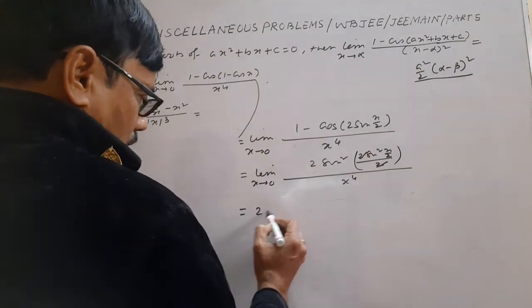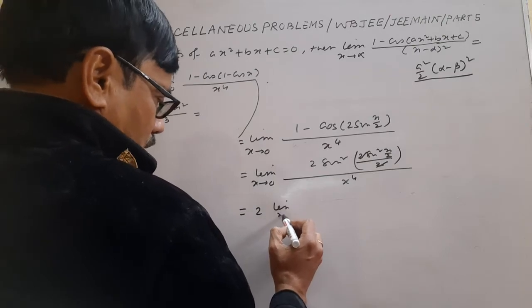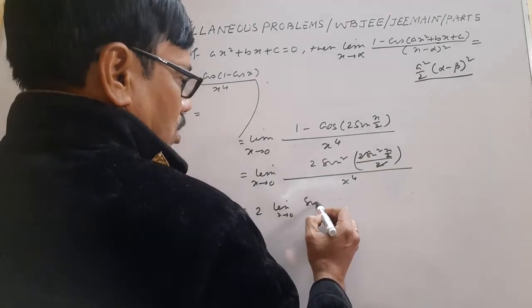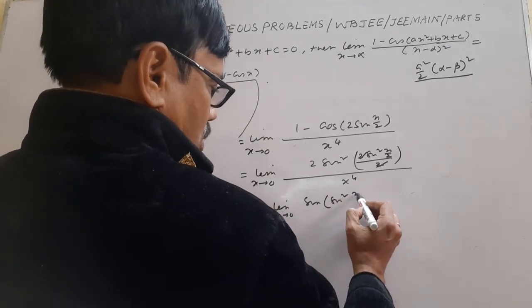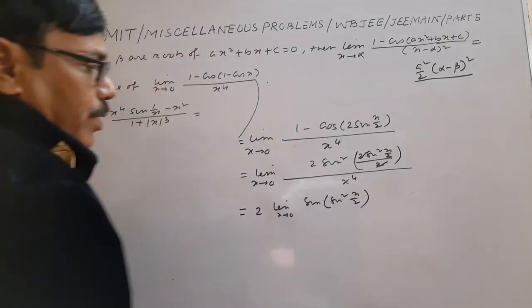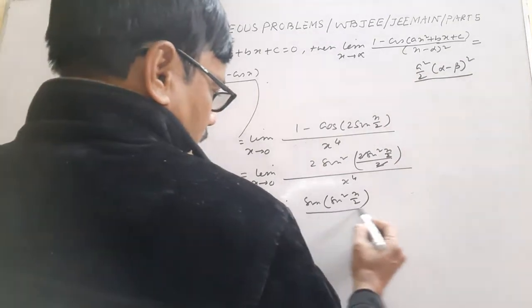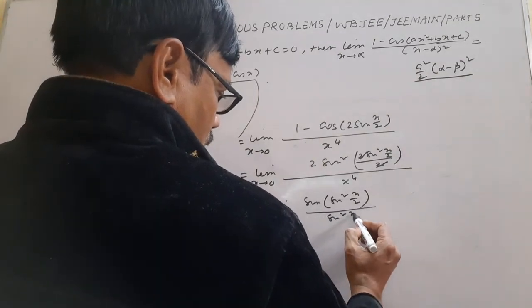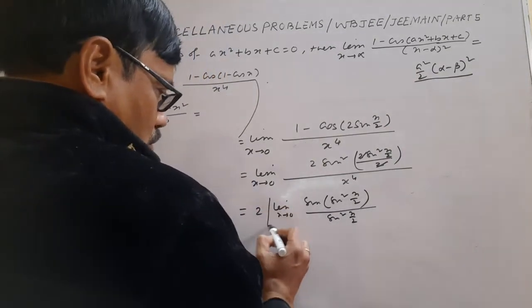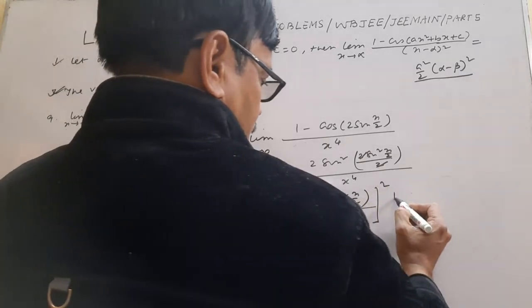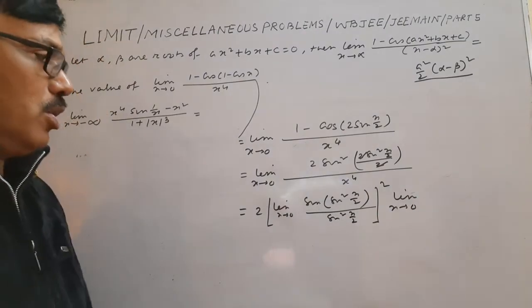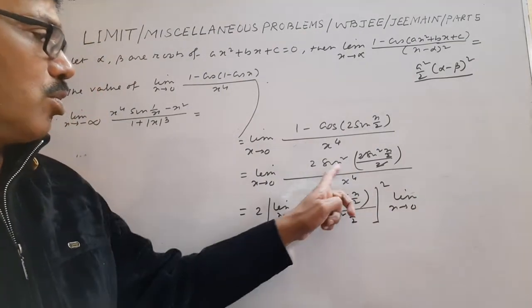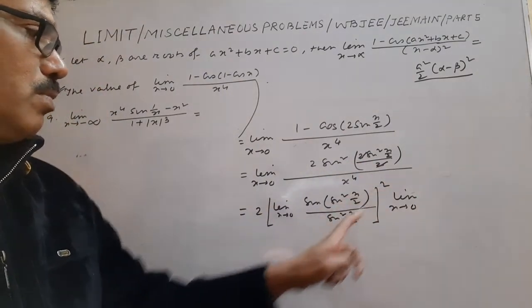Now 2 outside, limit x tends to 0 of sine square x by 2 by x square, whole square. Now look, it is a whole square, so sine square x by 2 is balanced.